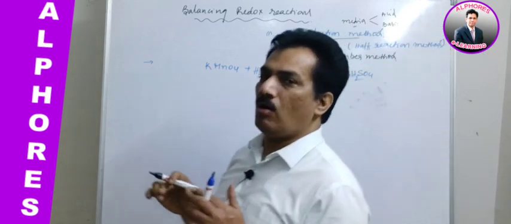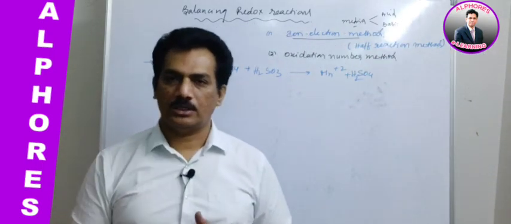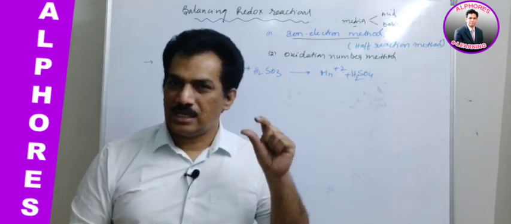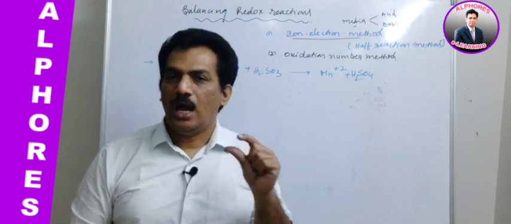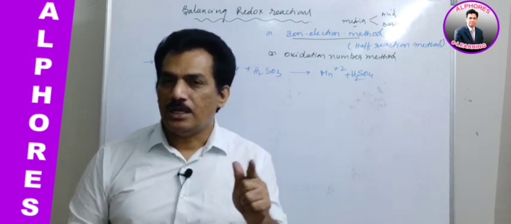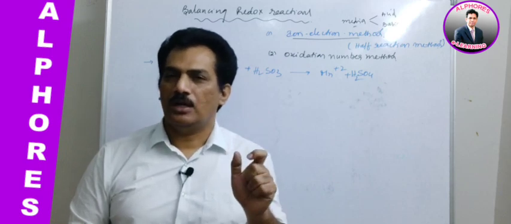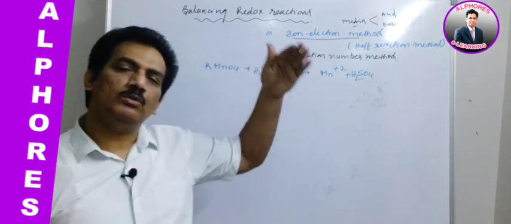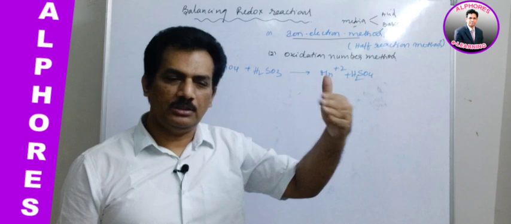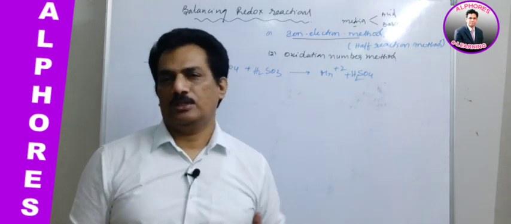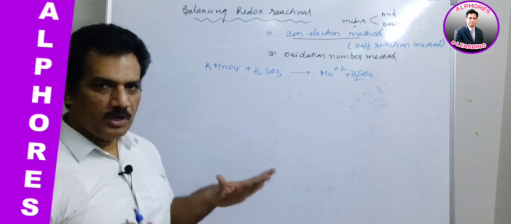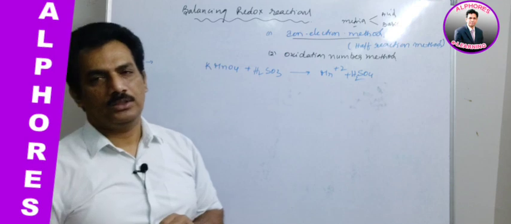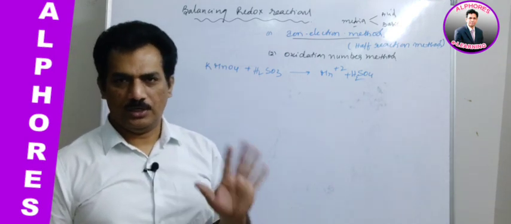Only in balancing the redox reaction, while we are balancing oxygen and hydrogen, we have to observe the medium, because to balance oxygen and hydrogen we are using different species in different media. When we come to that step, I will explain how the species added depends on the medium. Just keep in your mind that the medium plays an important role in balancing oxygen and hydrogen.